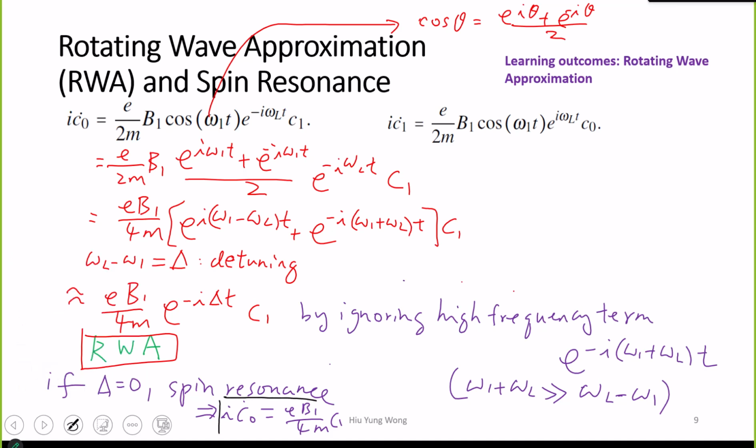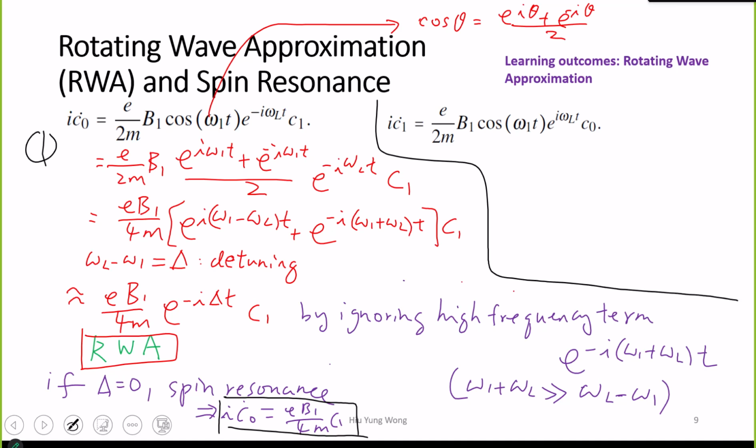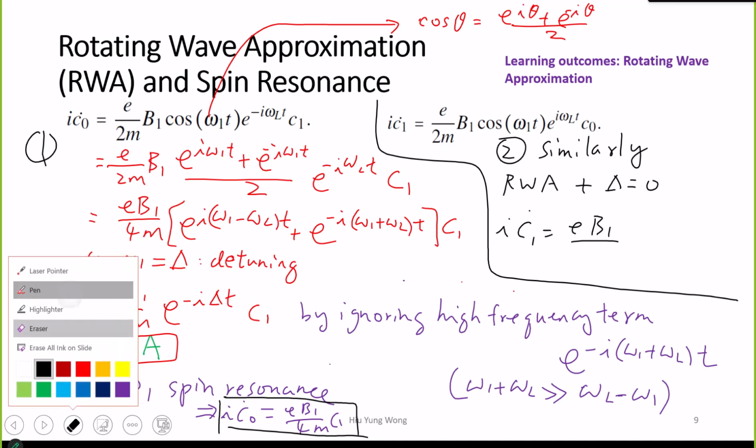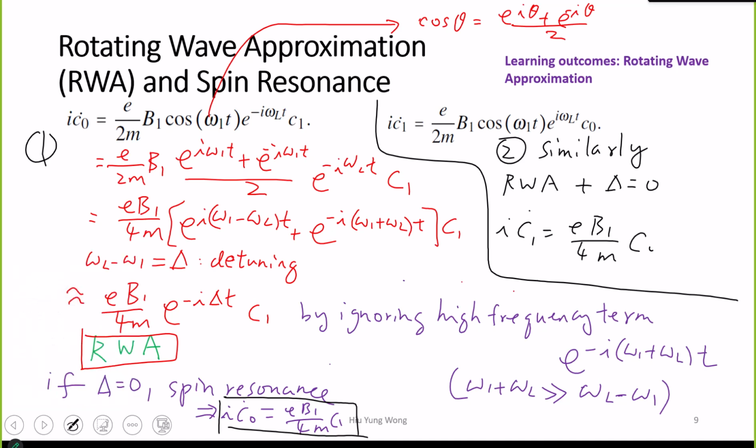So this is the final simple equation. I call this equation 1, and this is 2. You do the same thing. Similarly, if you apply the rotating wave approximation and then apply the spin resonance condition, that is, rotating wave approximation plus delta equal to 0, you get i C1 dot equals EB1 divided by 4M times C0.